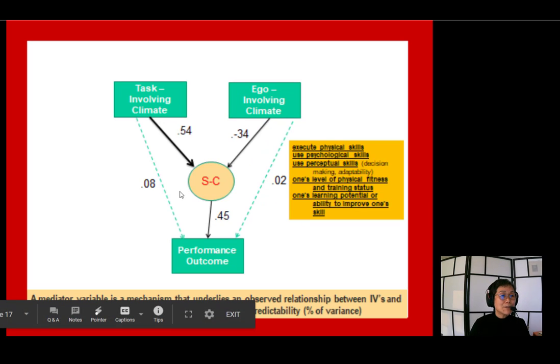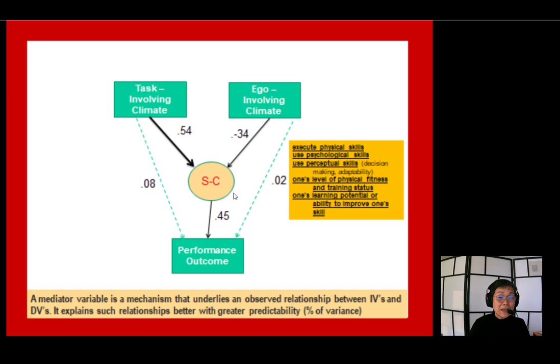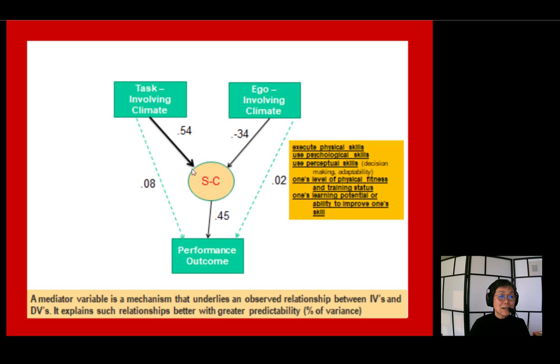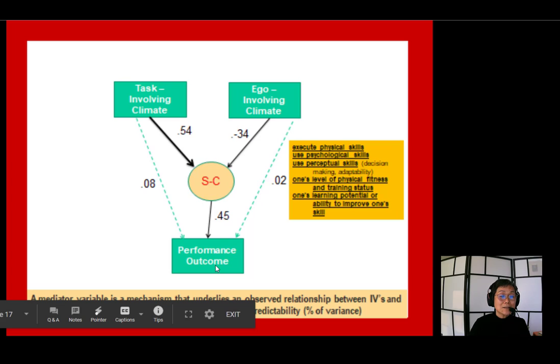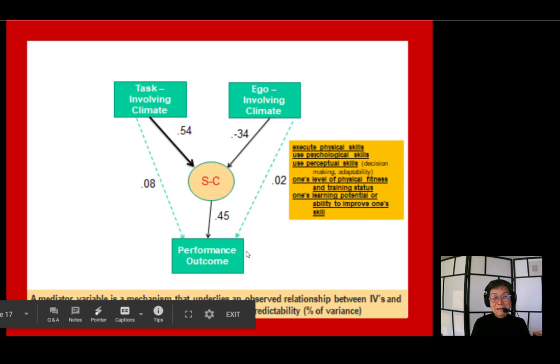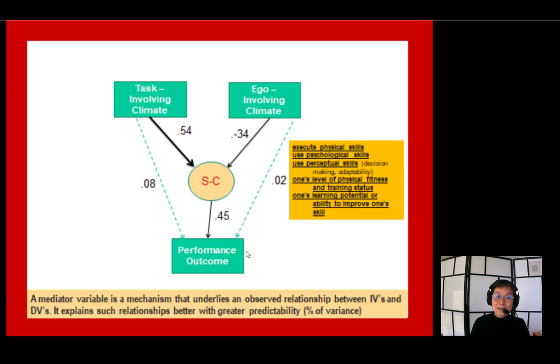However, when you put self-confidence as a mediator, climate predicts self-confidence, then self-confidence directly predicts performance outcomes. And when you square this regression coefficient, it goes up to about 50%, right? 50% predictability versus what? Now 11% predictability, absolutely a different story, right?